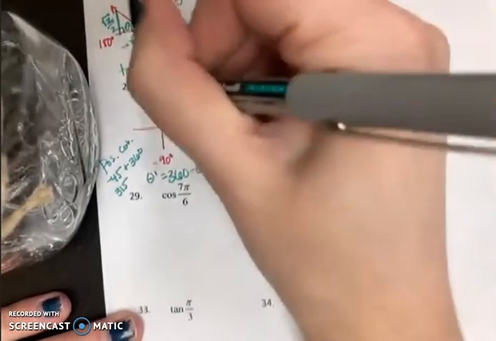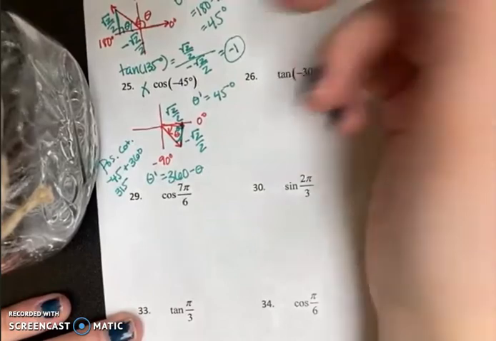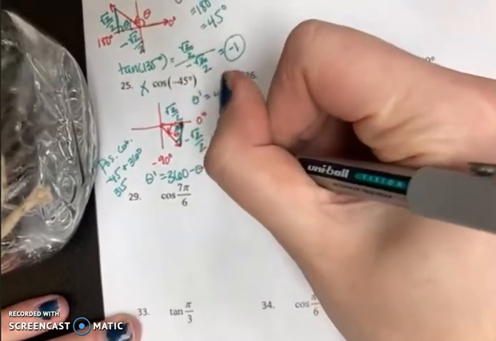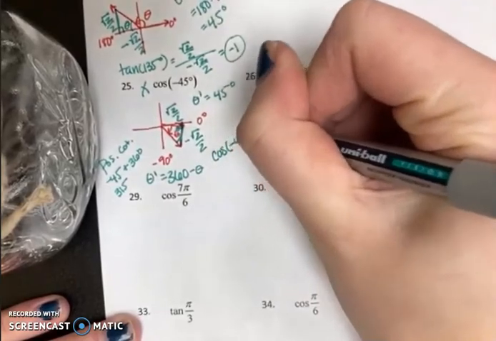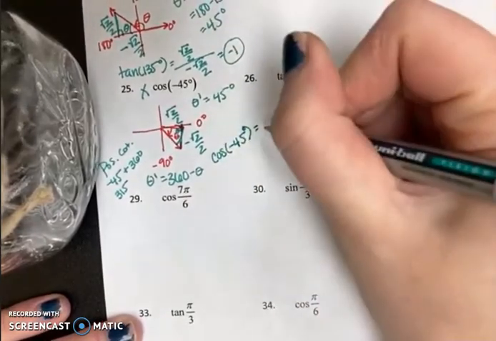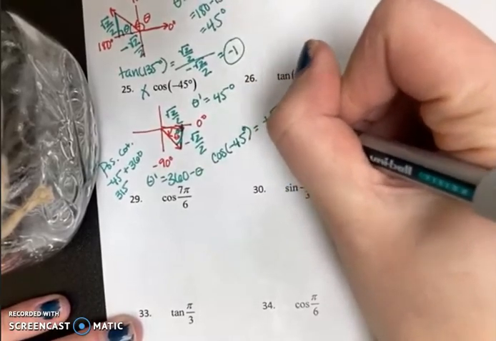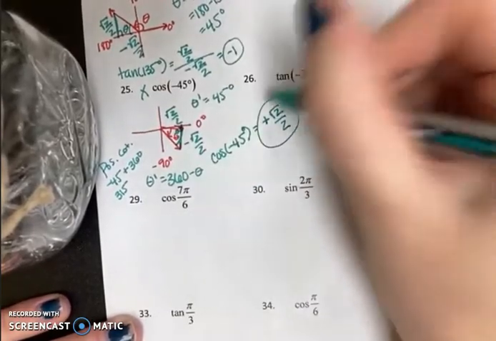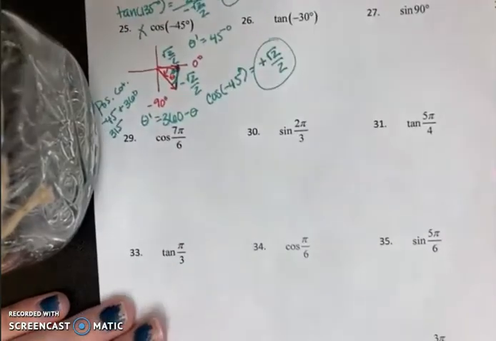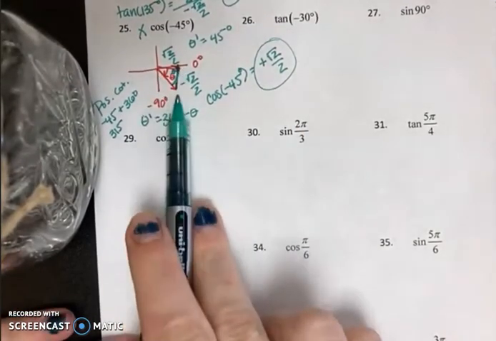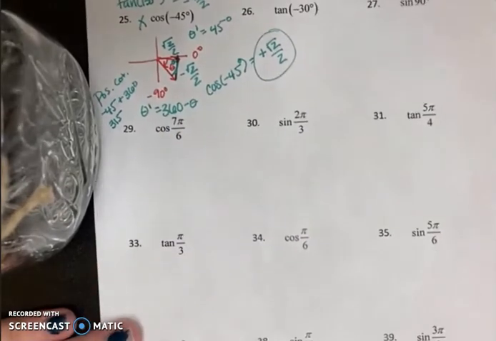So cosine is the x value, meaning that cosine of negative 45 degrees is going to equal a positive root 2 over 2, because that's the x value. You don't have to put the positive sign there. I was just emphasizing it's positive, not negative, because it's the x value.